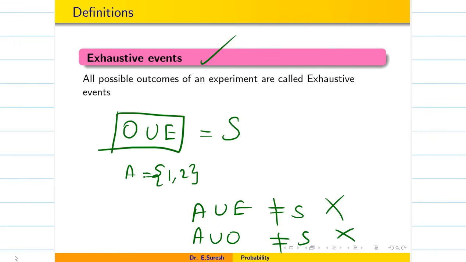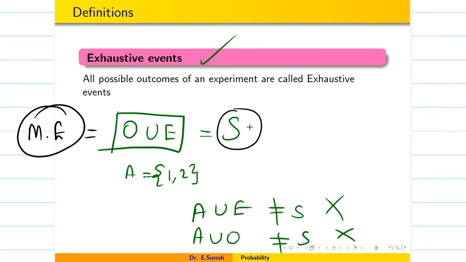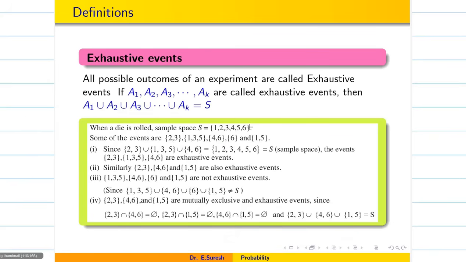The other beauty of odd and even is that they are also mutually exclusive. There is no common element between them, and they cover the sample space. So remember, the set of all odd elements and even elements in the die is both mutually exclusive as well as exhaustive. Is it clear?